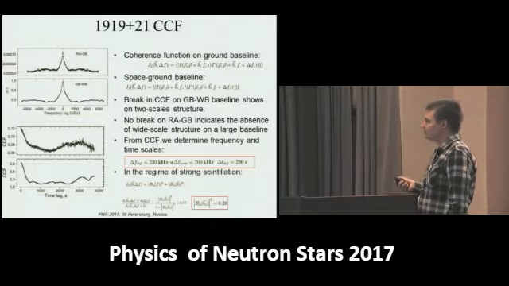From the covariance function we can determine the frequency and time scales of scintillation, and we have a regime of strong scintillation for this pulsar.